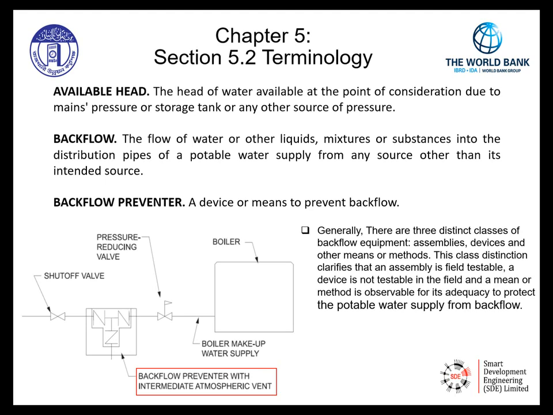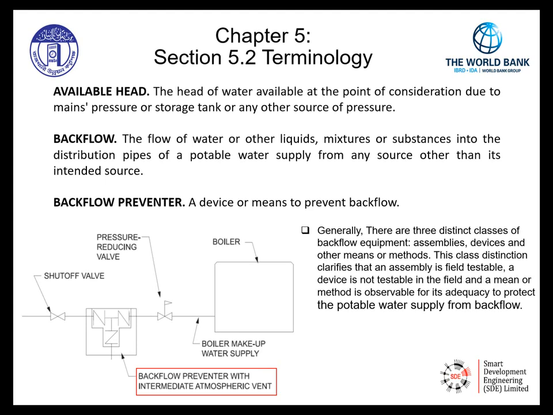We need to avoid any other fluids, mixtures, other than potable water to gain access into the piping system. That's why we have backflow preventers. And by definition, a backflow preventer is a device or means to prevent backflow.